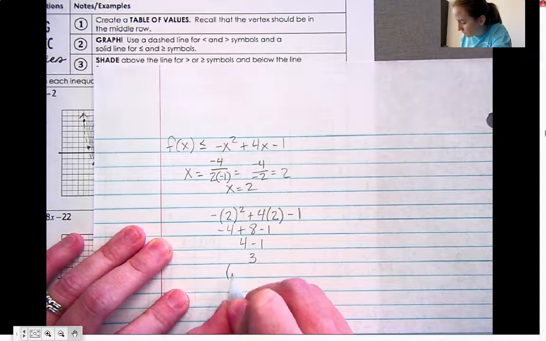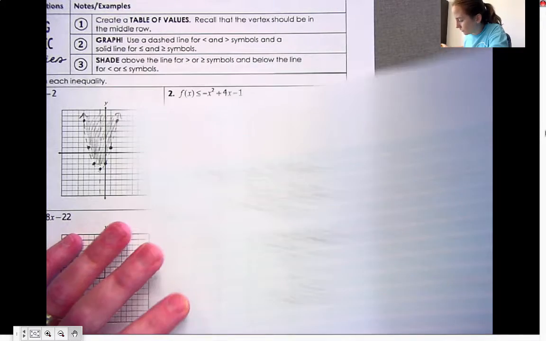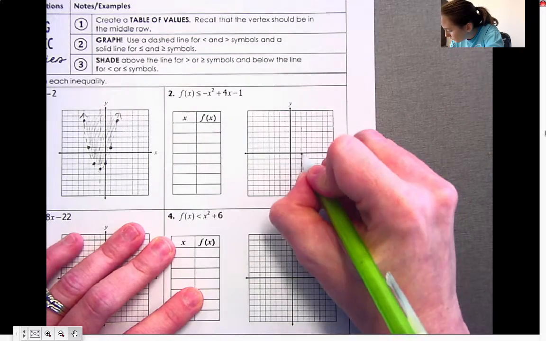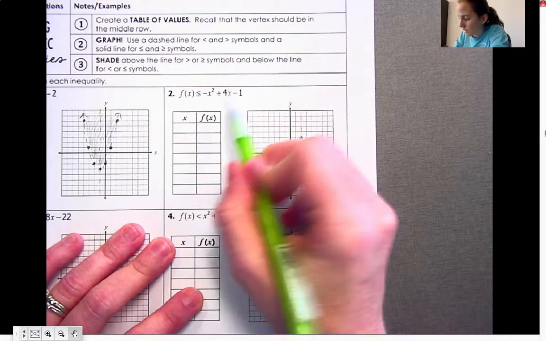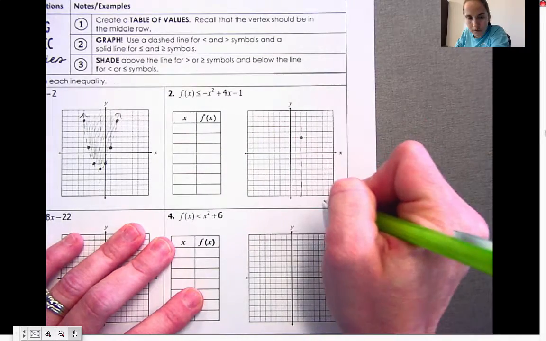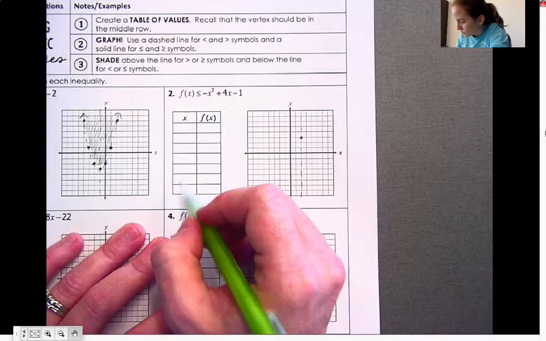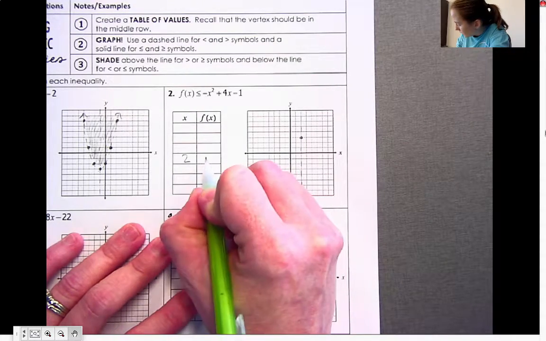So when I plugged in the value of 2, I got 3. That is my vertex. And if you recall, since the a value is negative, my parabola should open downward. All right, let's put our vertex in the center here, 2 and 3.